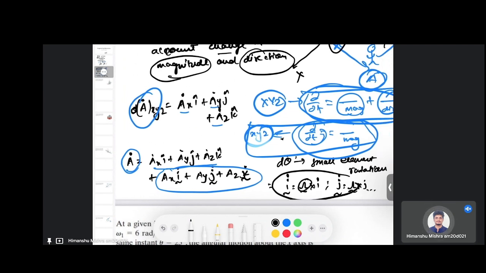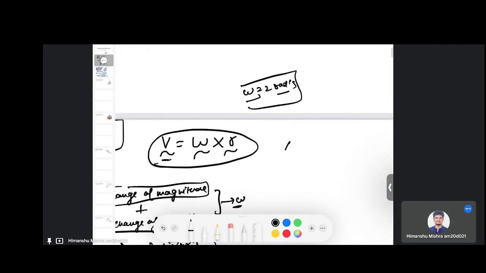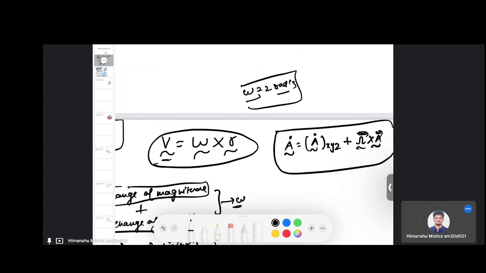If you use this formula here, then you will have the rate of change of vector A equals the rate of change of vector A in the moving frame plus omega cross A. I'm using this. So this will be your equation. This is with respect to the fixed frame and this is with respect to the small frame, as I have given here.